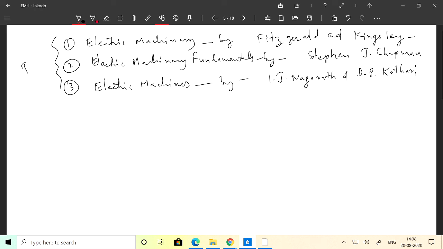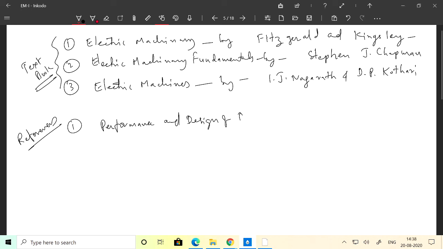So for textbooks, kindly follow these textbooks, and for references you can use Clayton and Hancock, that is Performance and Design of DC Machines by A.E. Clayton and N.N. Hancock.